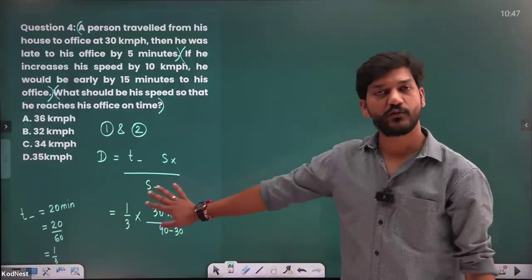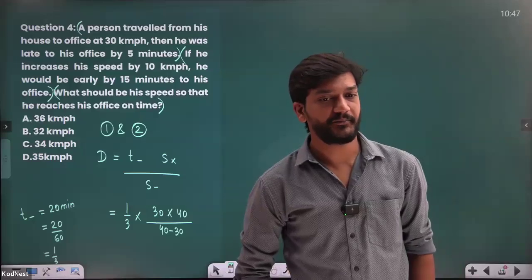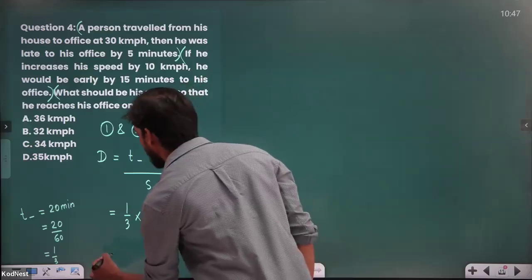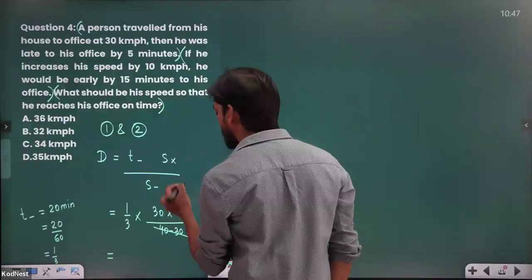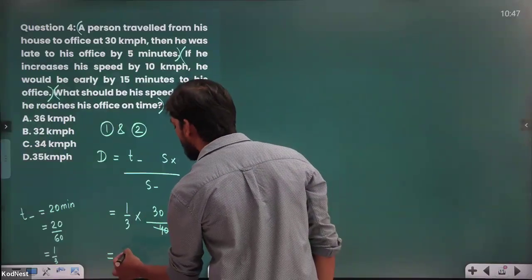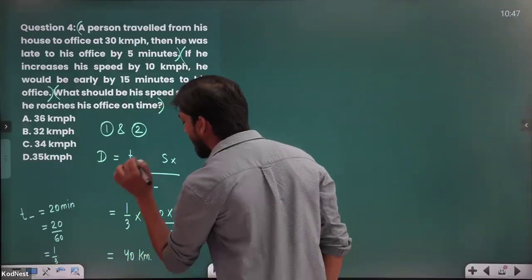Anything doubtful so far? Okay, so solve this. This is 10, 10 will cancel out 0. Now 30 into 4 is 120. 120 by 3 is 40. So I will get 40 kilometers as the distance.